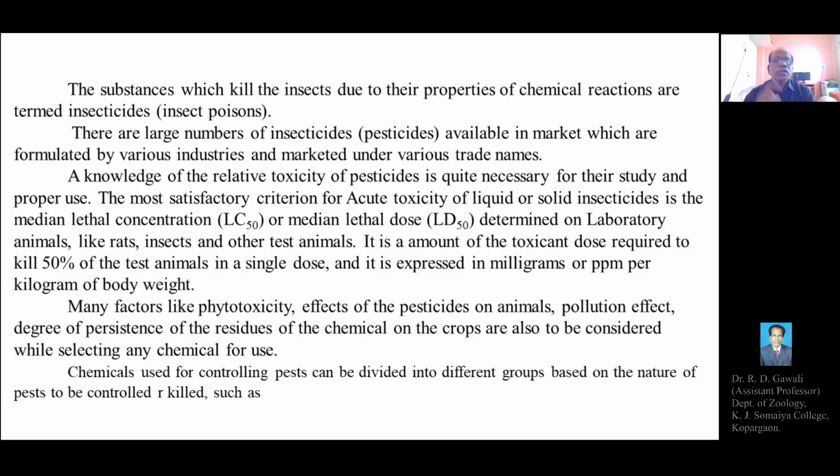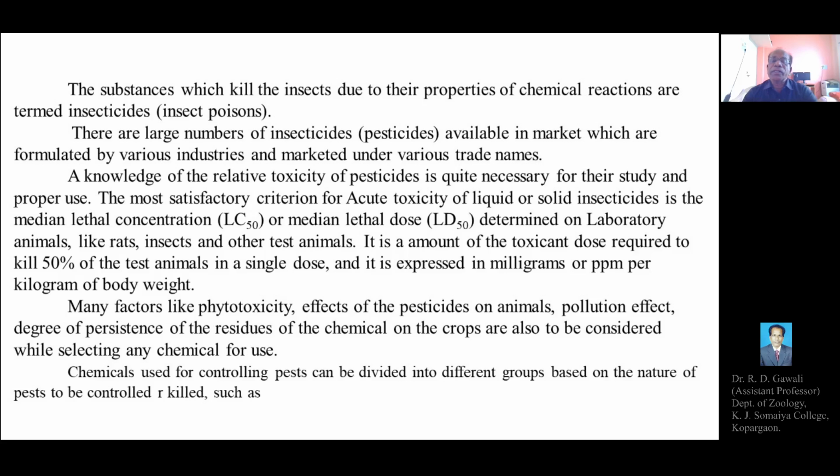So, the most satisfactory criterion for the studies of acute toxicity of liquid or solid insecticides or pesticides is the median lethal concentration, LC50, or median lethal dose, LD50, which is determined on laboratory animals like rats, insects, and other test animals. It is the amount of the toxicant dose required to kill 50% of the test animals in a single dose.